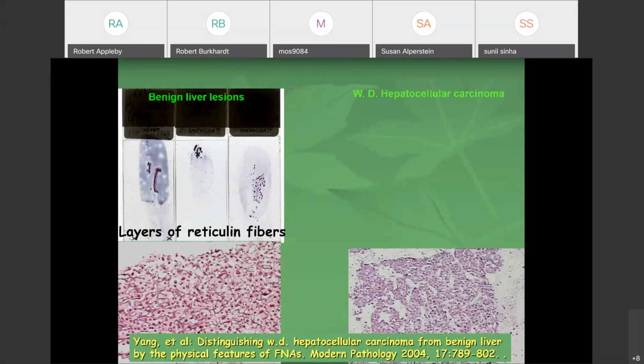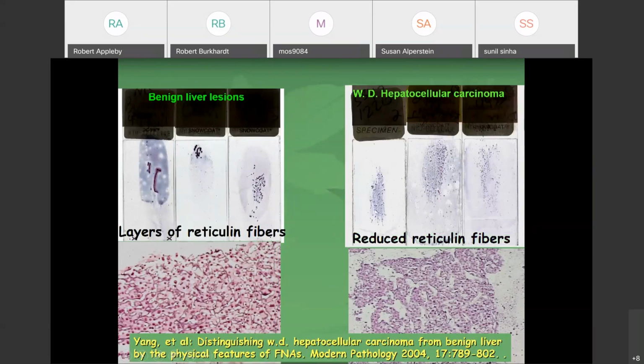But in hepatocellular carcinoma, the reticulum fiber is markedly reduced. So it doesn't have the structure. When you make a smear, you could make a beautiful smear. They're all granular.